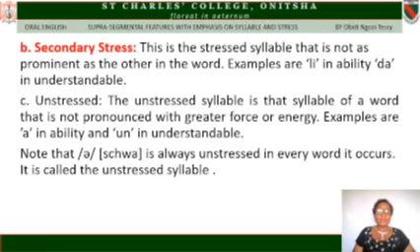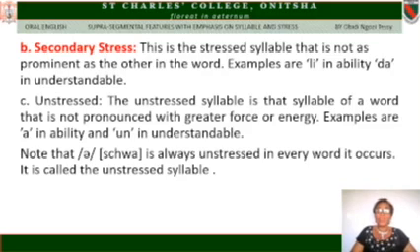Remember, when you pronounce ability, you say ability. And UN in understandable. When you pronounce UN in understandable, you say understandable. You make use of your hand pulse in order to determine where there is stress.